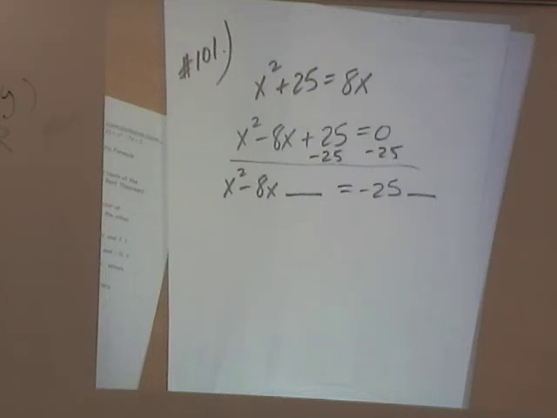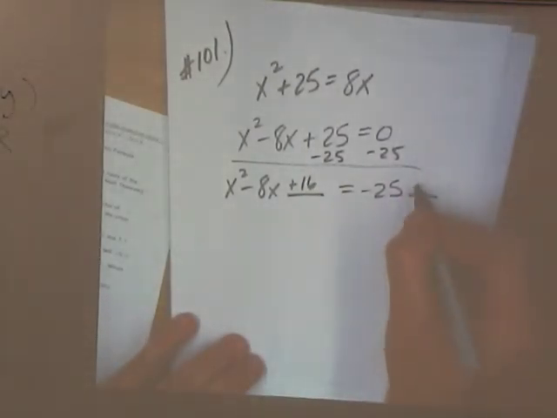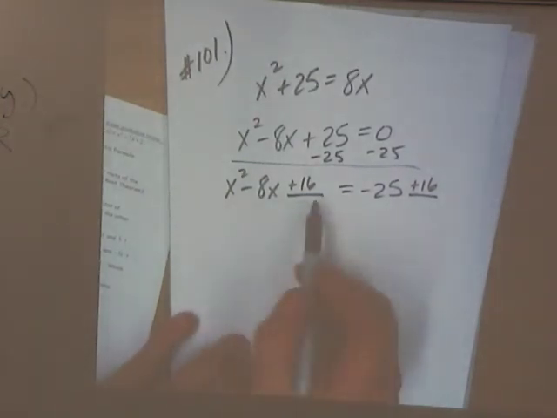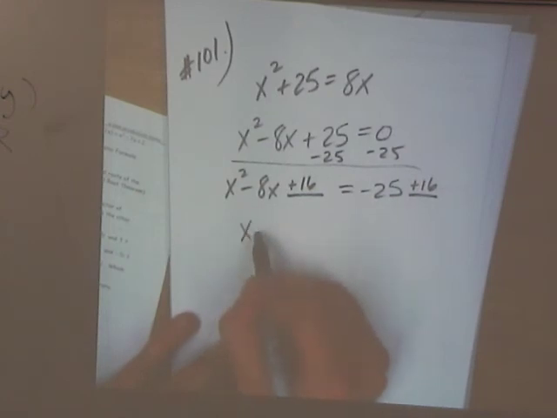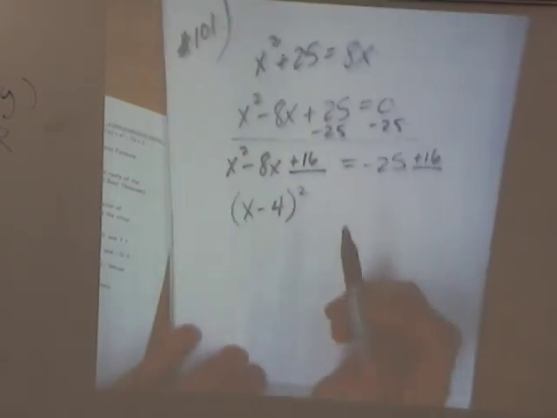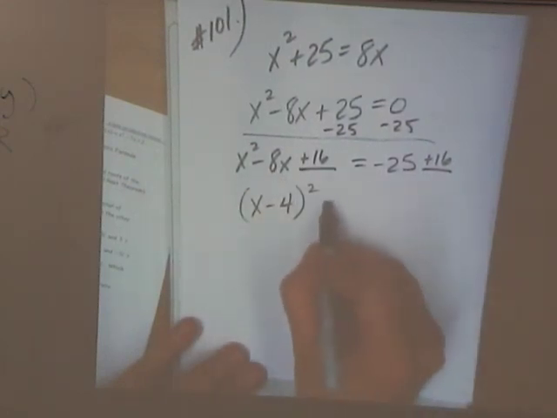Half of negative 8, squared, right? So that'll be what? Plus 16. Plus 16. What does this factor into? Remember the shortcut? It's just this variable, this sign, and half of this. Equals negative 9.